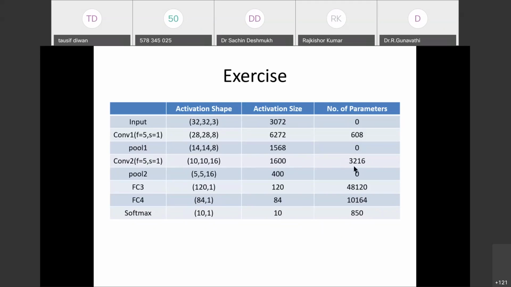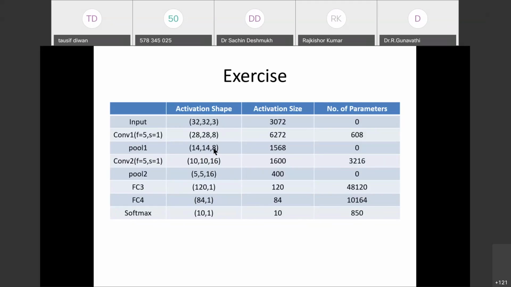Now compute the number of parameters associated with this convolution 2. First, check on which volume this filter is getting applied. Yes, 200 plus 1. See, the 5 cross 5 filter is getting applied on this input. What is the depth?